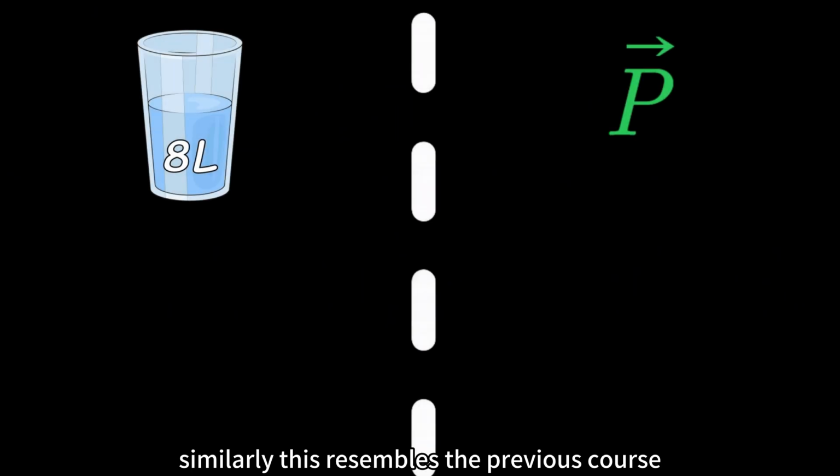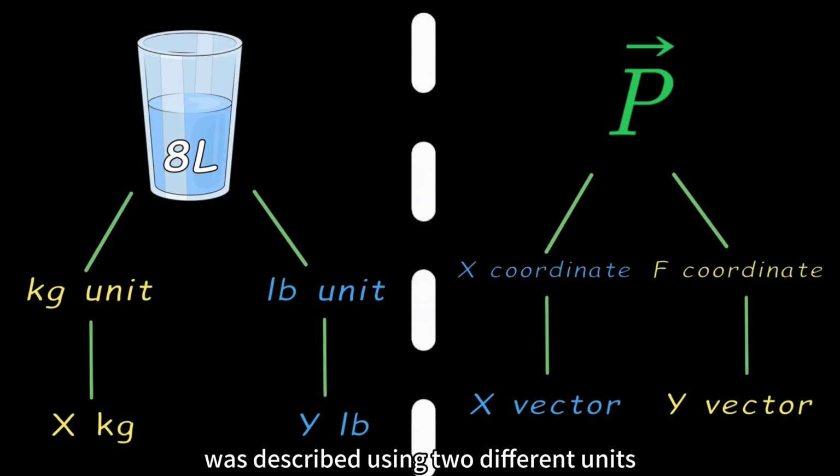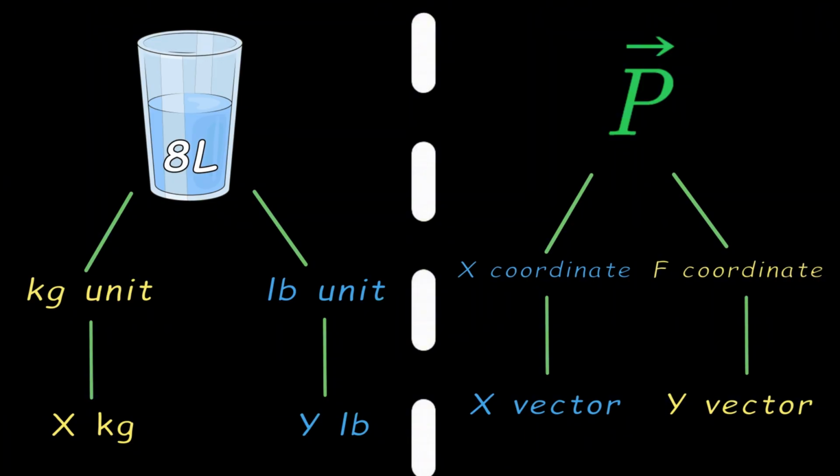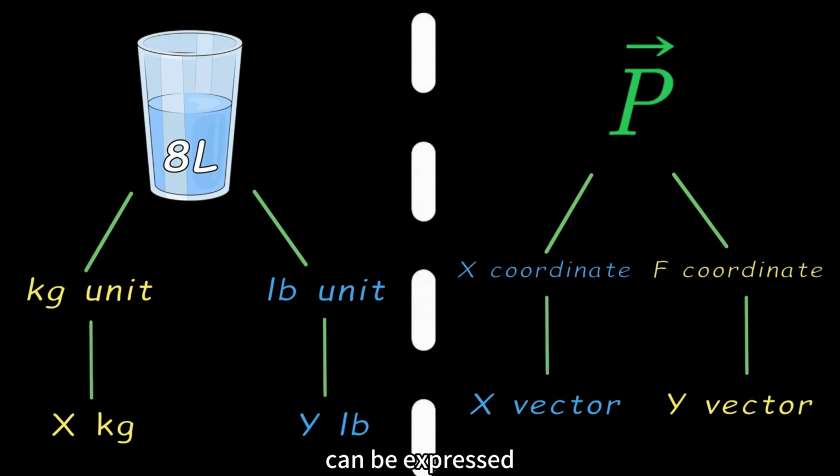Similarly, this resembles the previous case where a single object's mass was described using two different units. Under these circumstances, a single vector can be represented in two distinct reference frames, similar to how the mass of a single object can be expressed using two different units.